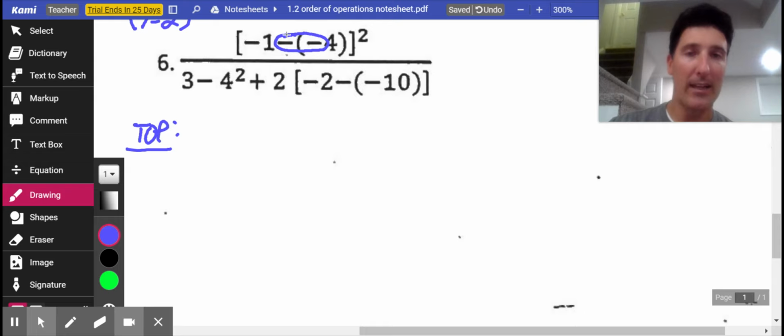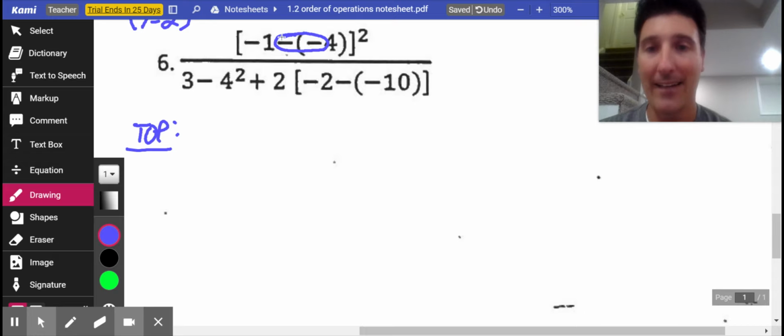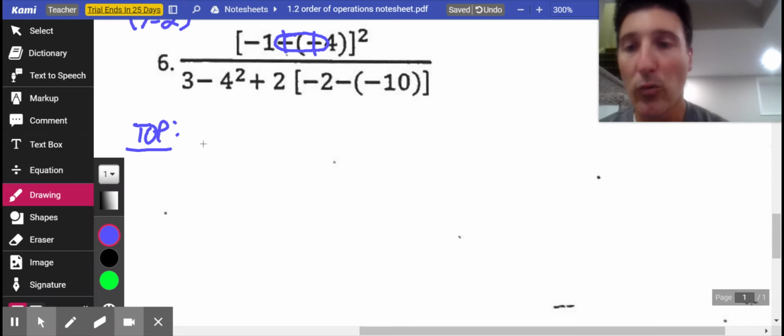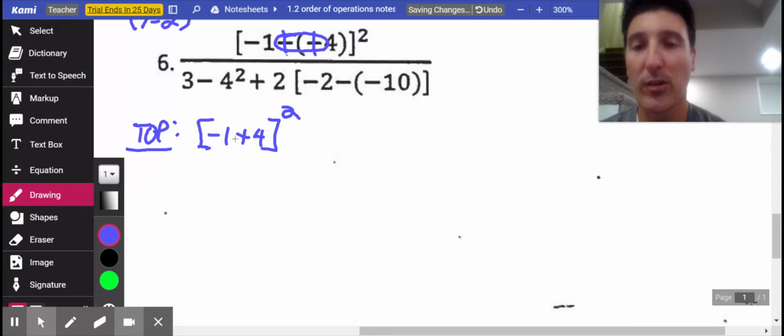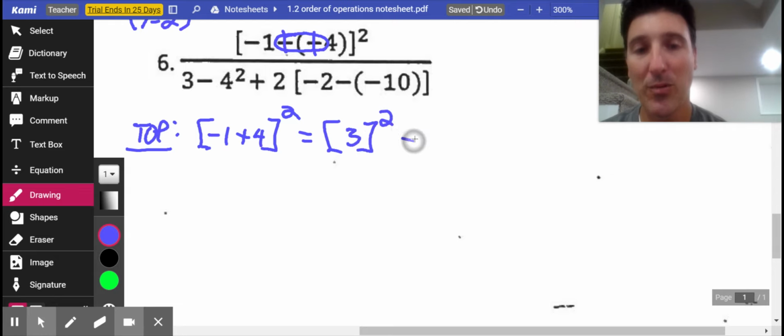Double negative. Again, this can be a little bit tricky. You see a double negative, they cancel out, or you could say add a line, change the sign. So really, in these brackets, you have -1 plus 4, and then you have squared. Now again, I'm still focusing on the inside. I only have one operation, which is just addition. So -1 plus 4 is 3. And then 3 squared is 9.